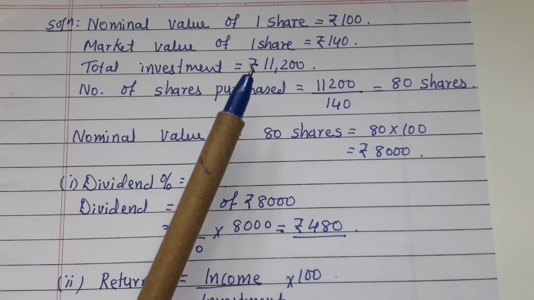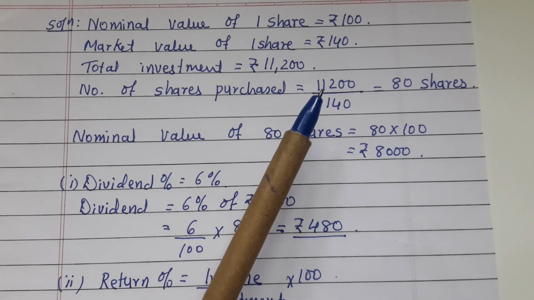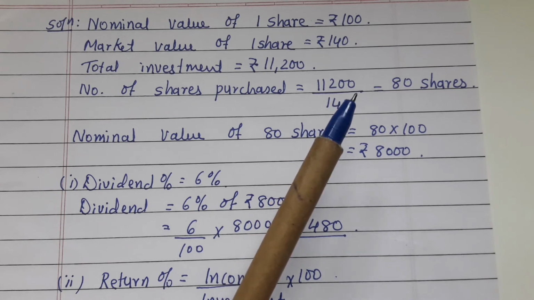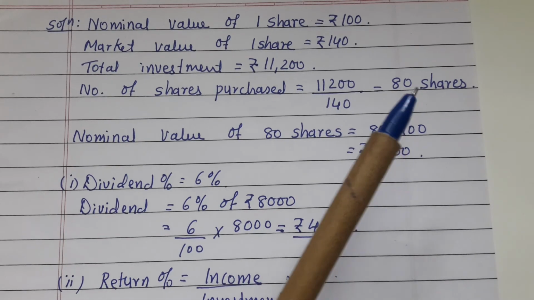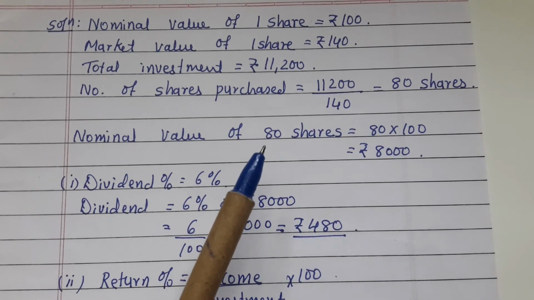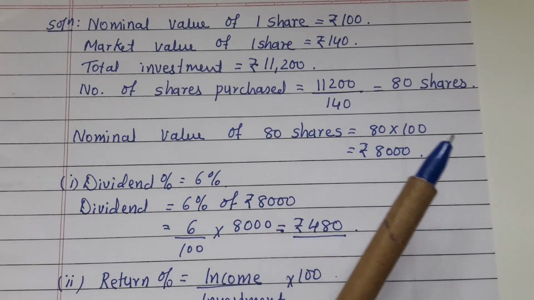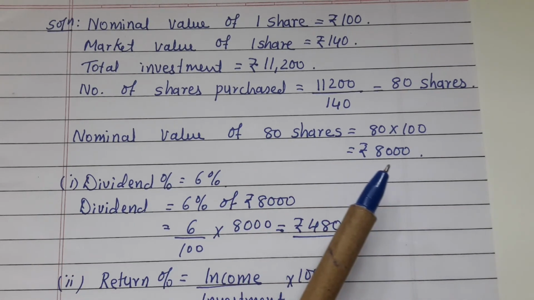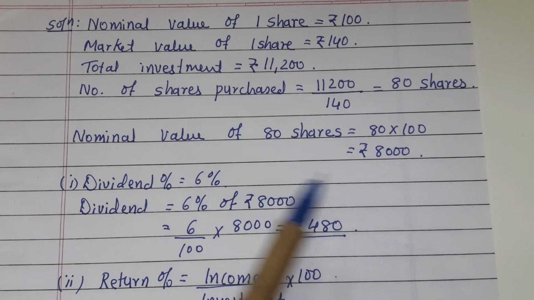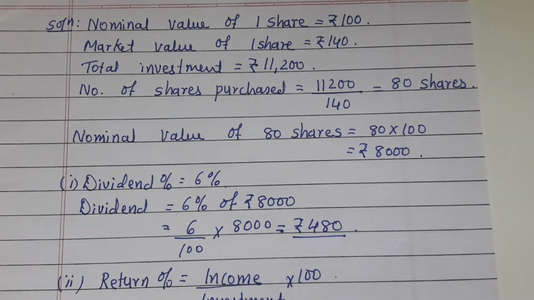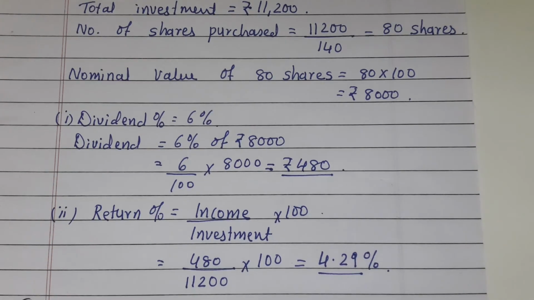Total investment, that is 11,200 upon market value, that is 140, equal to 80 shares. Nominal value of 80 shares, 80 into 100, that is equal to rupees 8,000. Dividend percent equal to 6%.